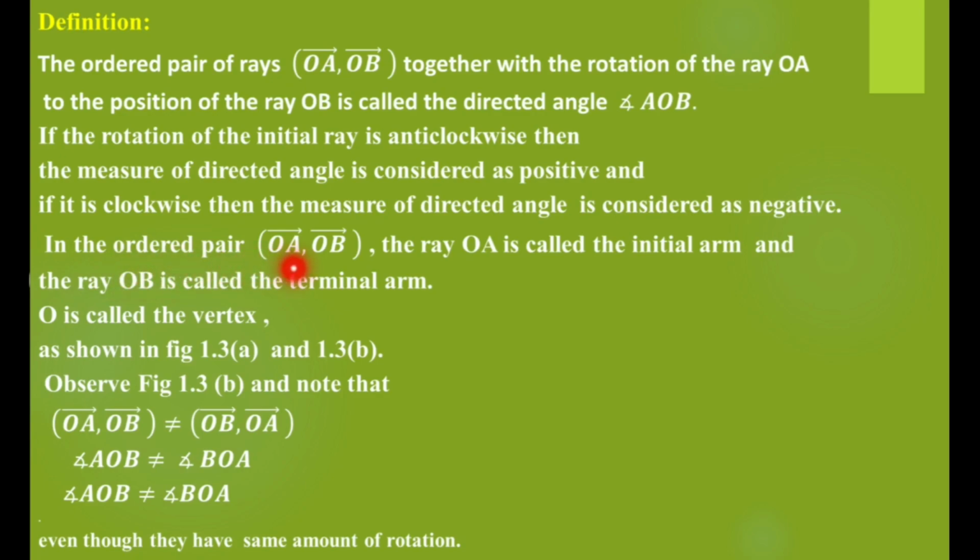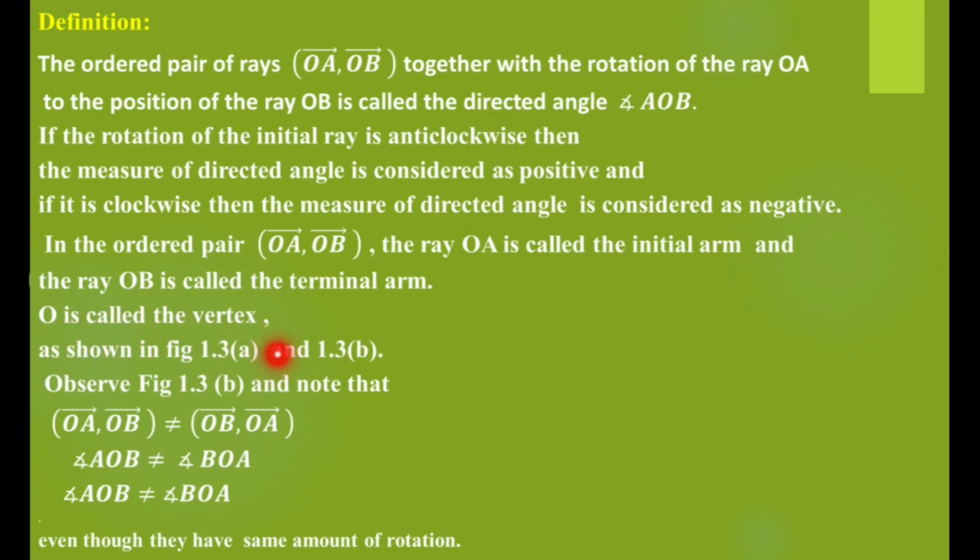In the ordered pair OA, OB, the ray OA is called the initial arm. So here OA is the initial arm and the ray OB is the terminal arm, or final arm. O is called the vertex.